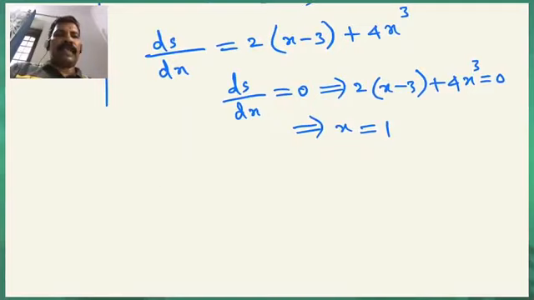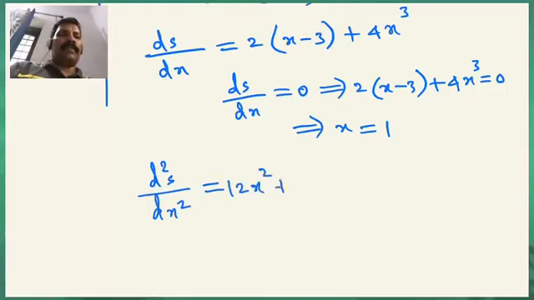So we have the second derivative, that is d squared s by dx squared, equal to 12x squared plus 2. And we have to find the value of the second derivative at x equal to 1.